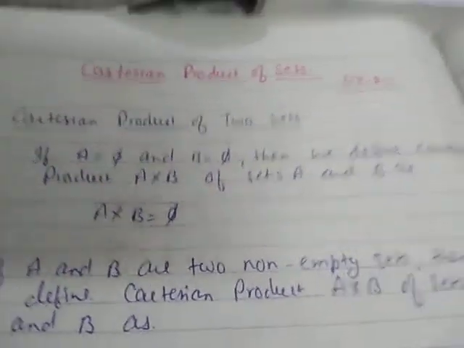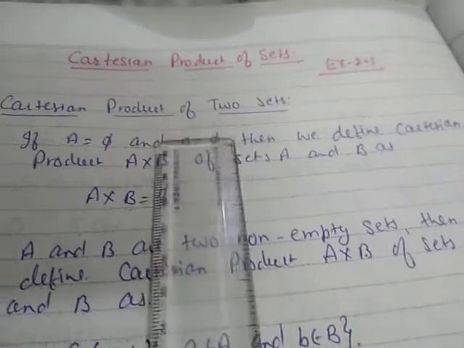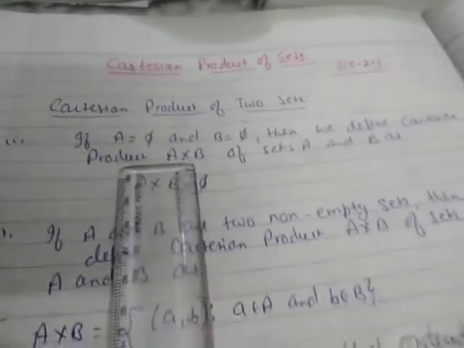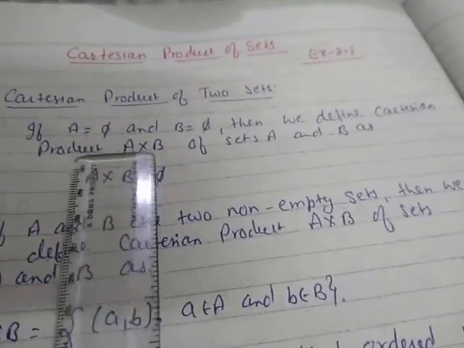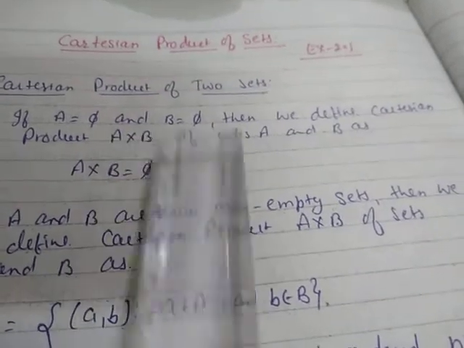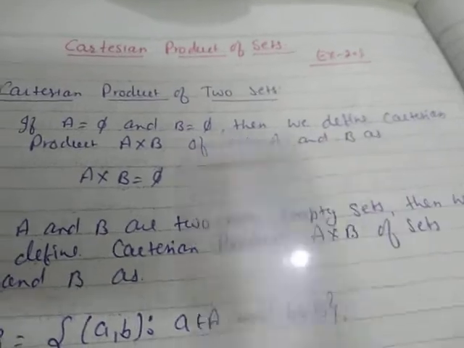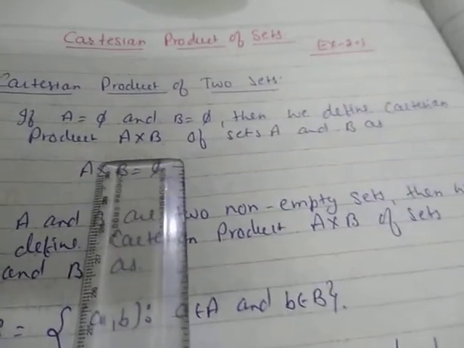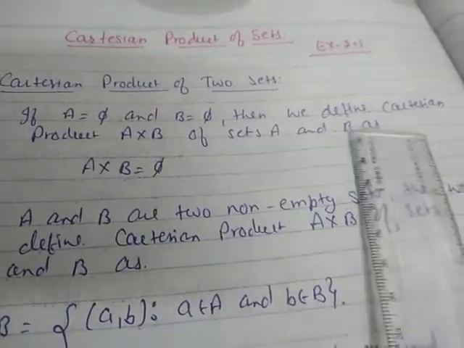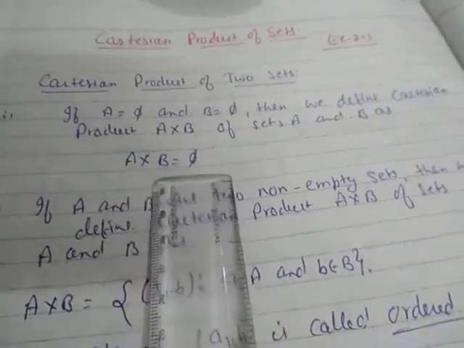Now I am going to explain Cartesian product of sets. Cartesian product of two sets. If A is equal to phi, phi means null set, and B is equal to phi, then we define Cartesian product A cross B of sets A and B as A cross B is equal to phi.